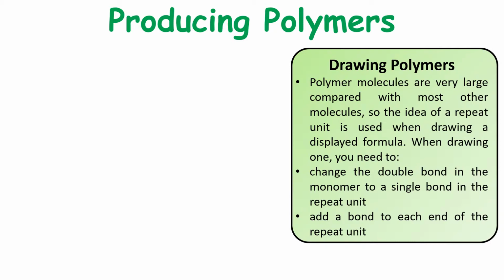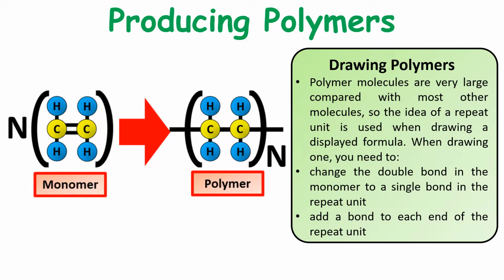If we look at drawing polymers, there are a few things that you need to be aware of, as these are easy marks to pick up. So you start off with the monomer. You put brackets around it and you put a big N in front, as the N represents the number of monomers.